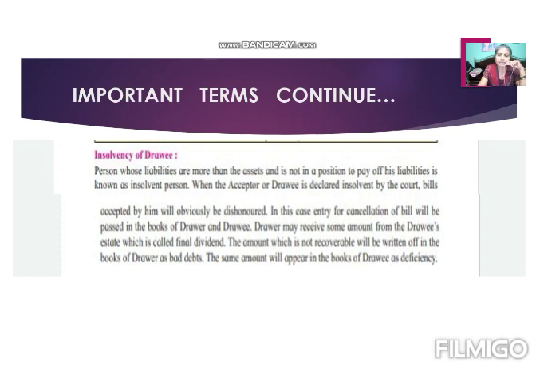If that person becomes insolvent, naturally the old bill gets dishonored automatically, because the drawer will not get the payment of the bill.